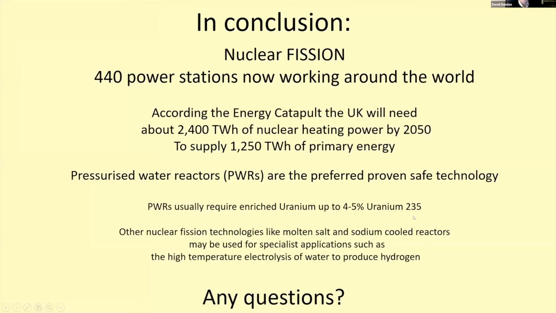So here we go, conclusions. We've got 440 power stations around the world. According to the previous slide, the Energy Catapult in the UK, we're going to need around 2,400 terawatt hours of nuclear heating power by 2050, which will supply 1,250 terawatt hours of primary energy.